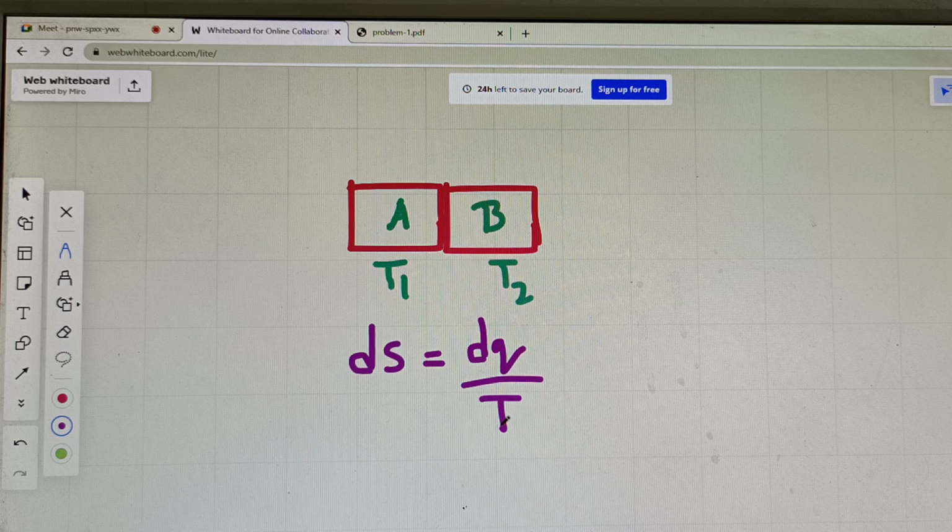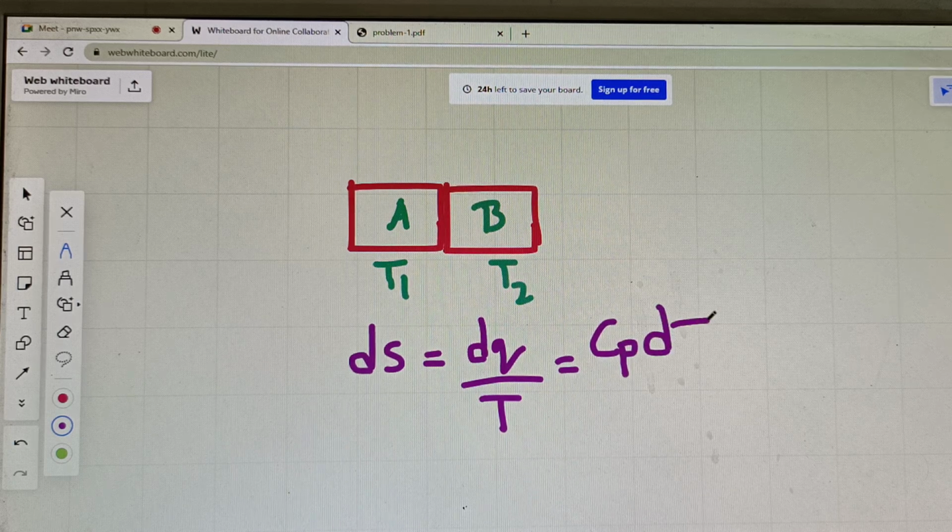That is equal to, dq means Cp dT, so dq means Cp dT divided by T.